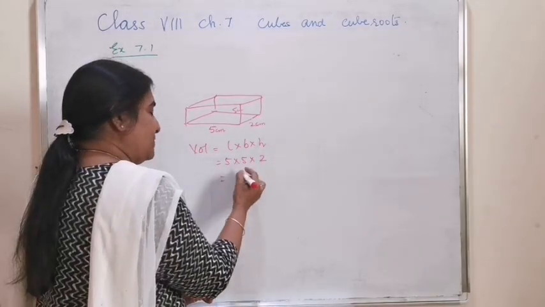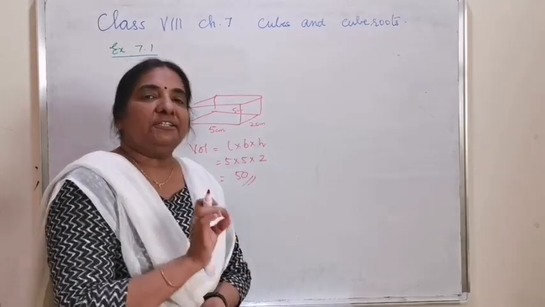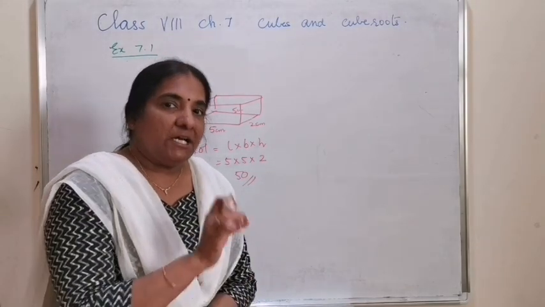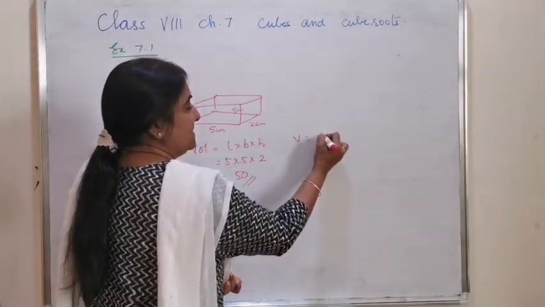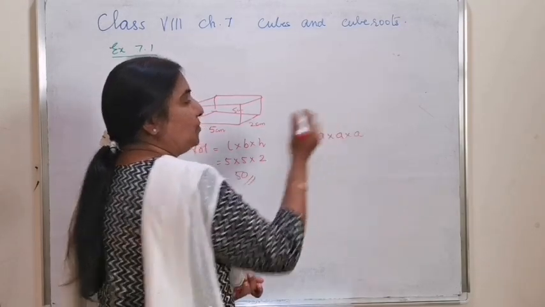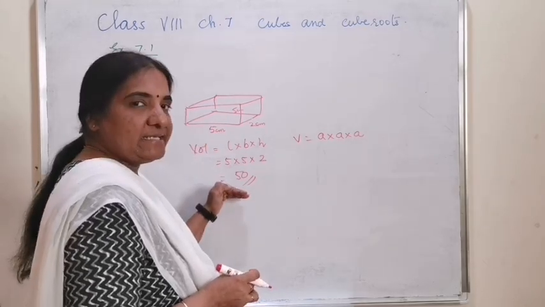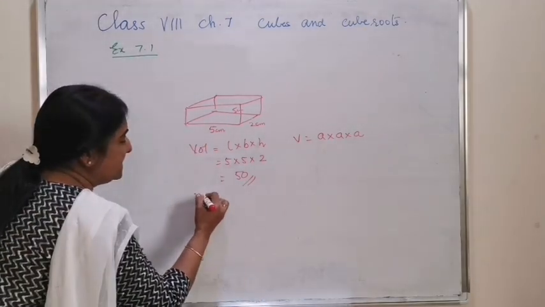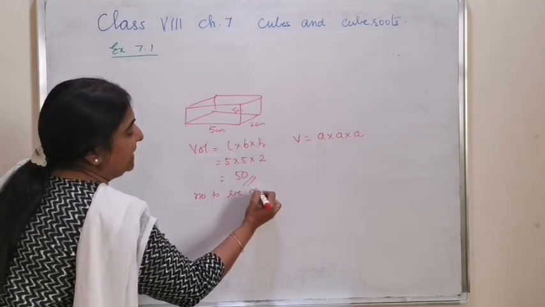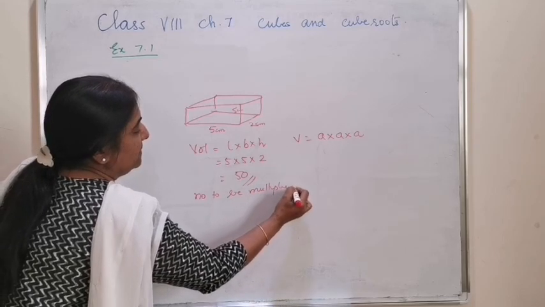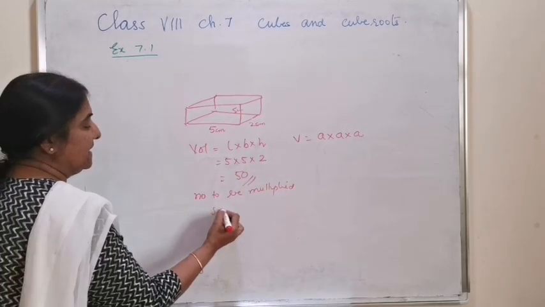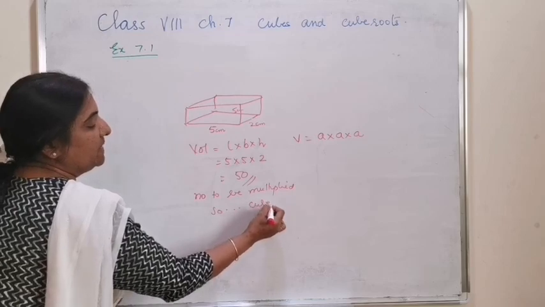This number, if you see, 50 is not a perfect cube. A cube volume is A into A into A. So, the question can be connected as, what is the least number to be multiplied so that the resulting number is a cube number?